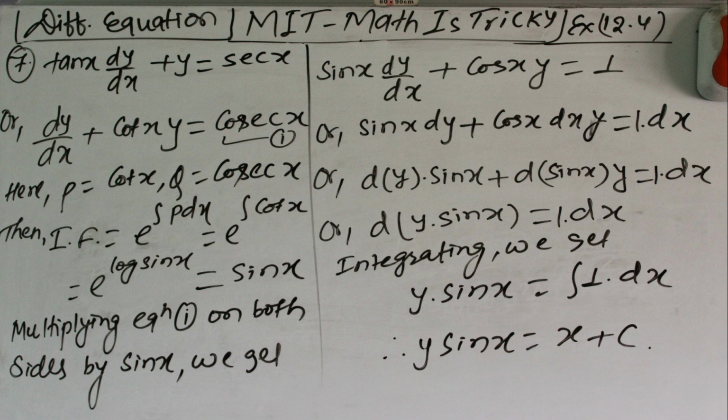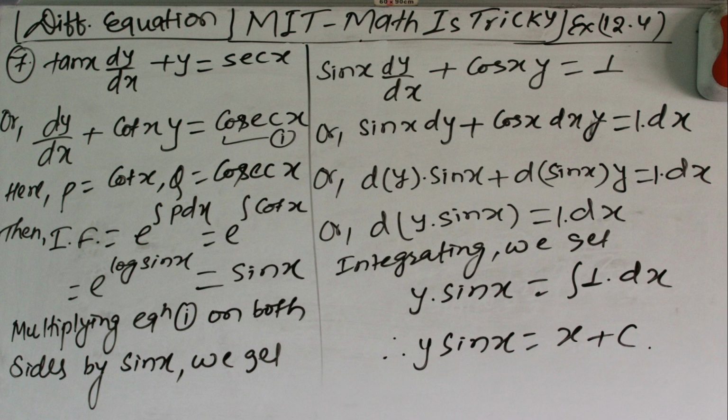So now let's find the integrating factor. It is e power integration p dx, which gives e power integration of cot x dx, which is simply e power log sin x, and which gives simply sin x. Okay, so multiplying equation 1 on both sides by sin x, we get sin x dy by dx plus cos x into y equals, multiplying cosec x by sin x, simply 1.